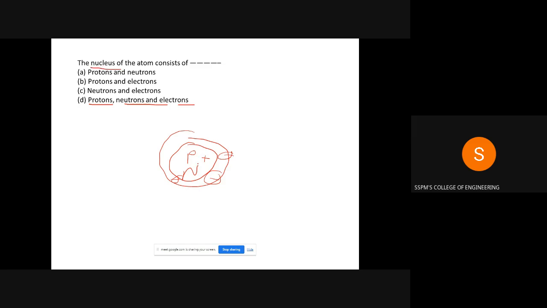The nucleus composition is proton and neutron. So this is the correct answer. Proton and electrons are not combined together, and neutrons and electrons are also not combined. When you talk about the nucleus, it contains only proton and neutron.